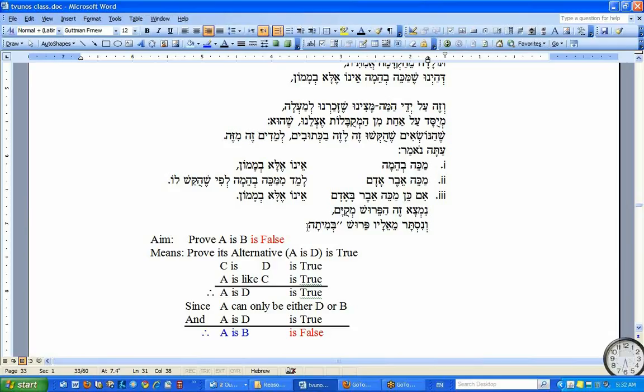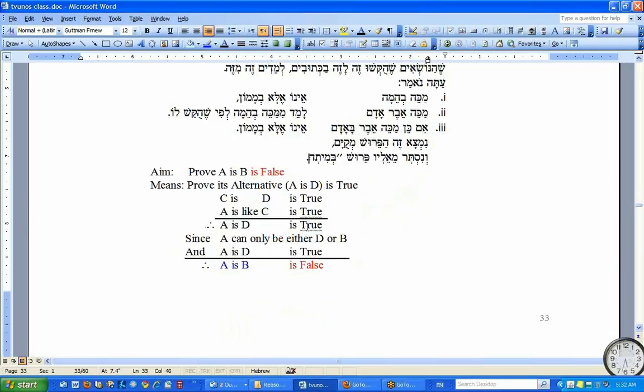So we very simply show that the result of a true syllogism is the opposite of what you wanted to posit. You wanted to posit that you have to actually do real eye for an eye, tooth for a tooth, and the answer is we'll show you through a hekesh that you have to pay mamon.